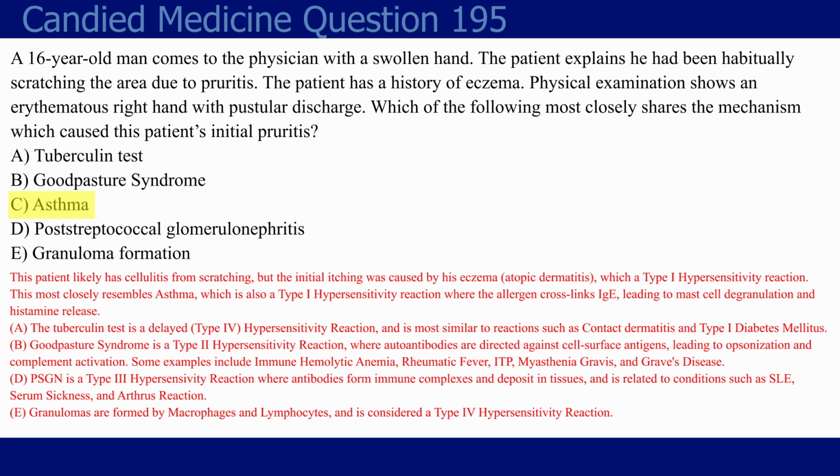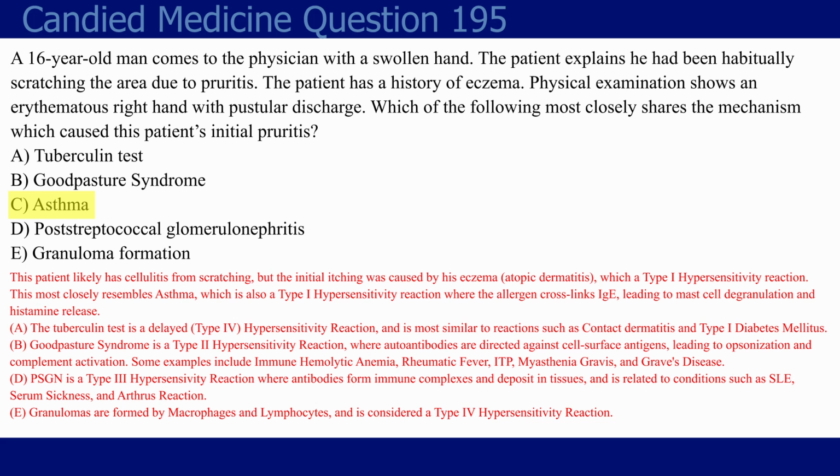ITP, immune thrombocytopenic purpura, where there are antibodies against usually GP2b3a on the platelet surface, so you end up destroying your own platelets. Myasthenia gravis, where you have antibodies against acetylcholine receptors, and Graves' disease, antibodies against TSH receptors in your thyroid, which of course causes your thyroid to go nuts. Makes lots and lots of T3, T4, and you get hyperthyroidism.